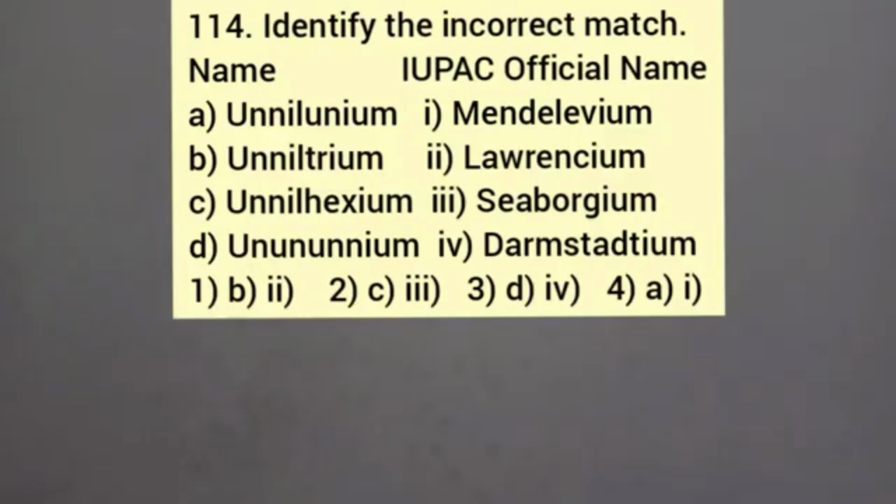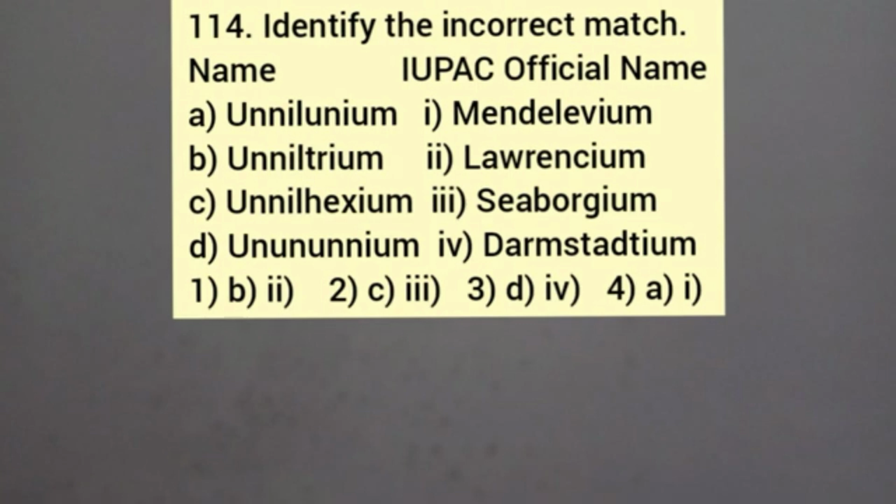Question number 114. Identify the incorrect match. Name against IUPAC official name. A. Unnilunium 1. Mendelevium. B. Unniltrium 2. Lawrencium. C. Unnilhexium 3. Seaborgium. D. Unnilennium 4.